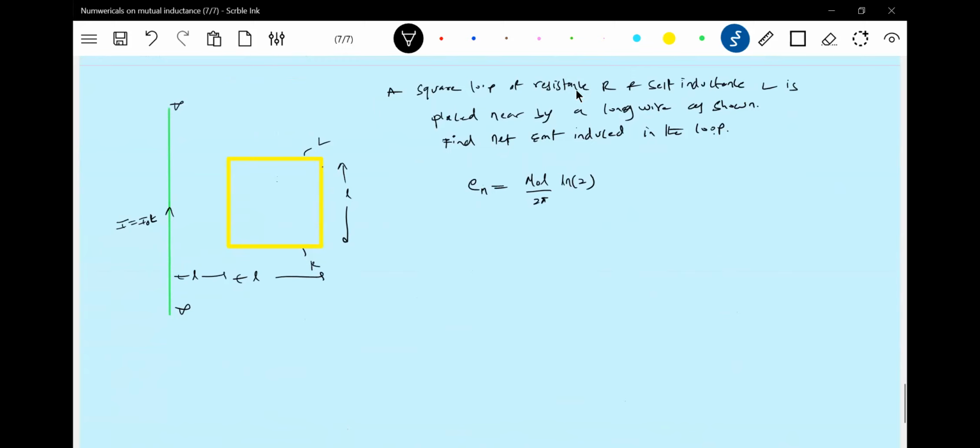This is the EMF induced due to mutual inductance. Next, the EMF induced due to self-inductance. That should be equal to L dI1/dt. What is I1? I is the current flowing in the loop.